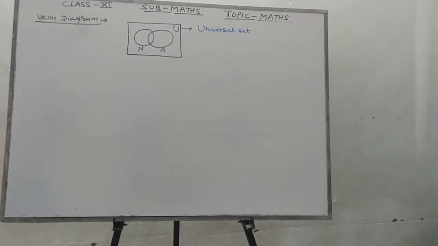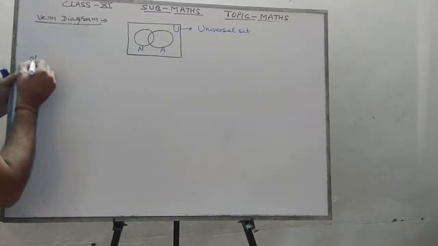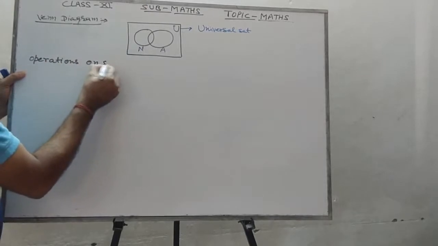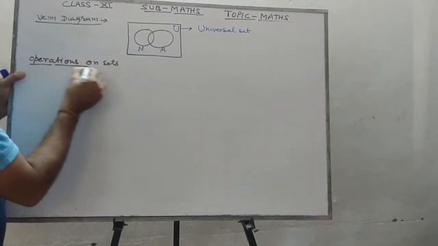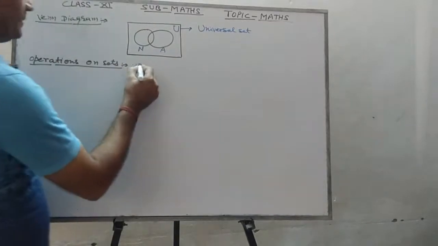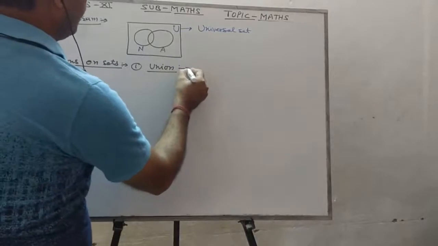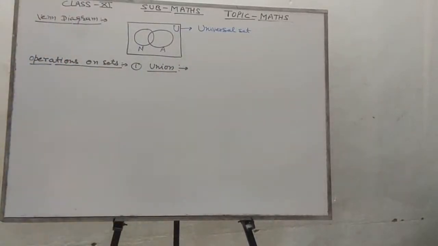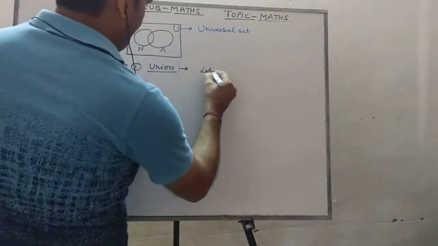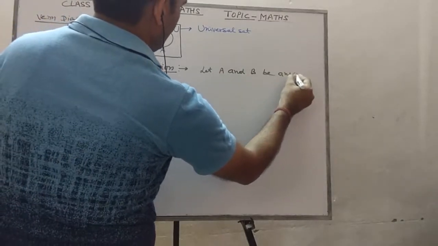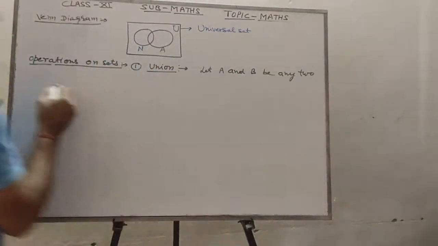Operations on sets. The first operation is union. Union of two sets. Let A and B be any two sets.